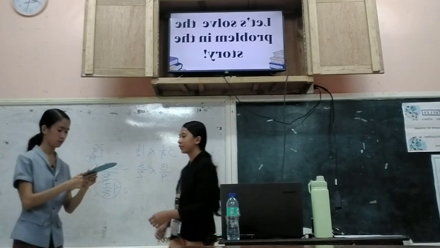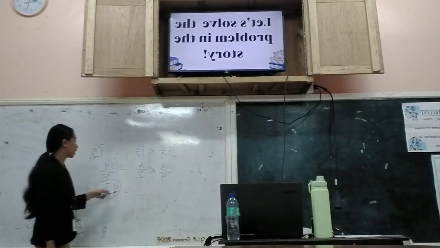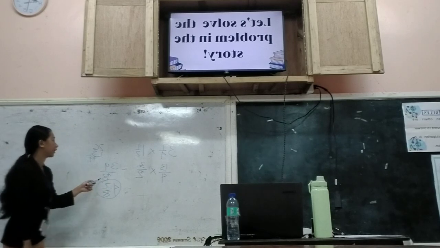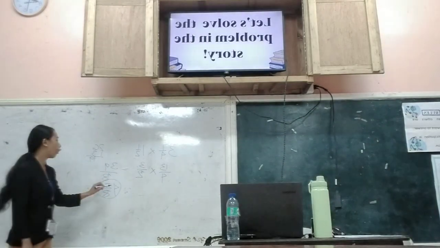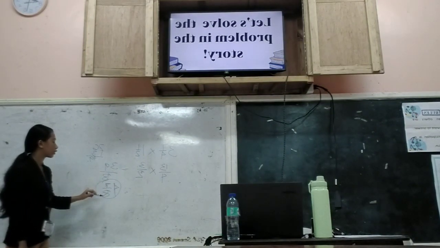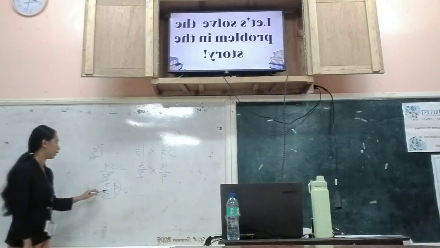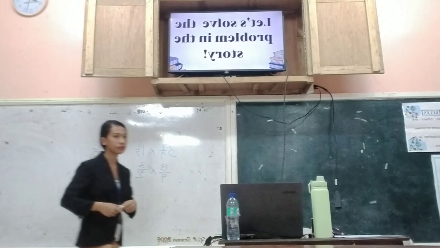Very good, I said. So the answer is 4 and 7/8, because 39 divided by 8 is equals to, the whole number is 4 and the remainder is 7. So we just need to copy the denominator. So we have 4 and 7/8.